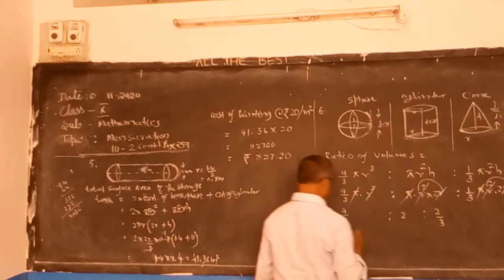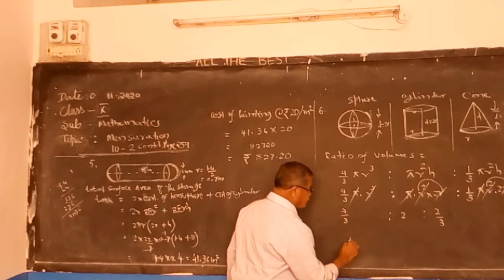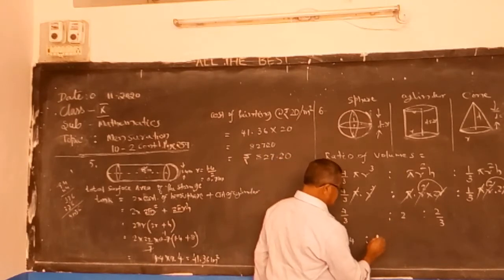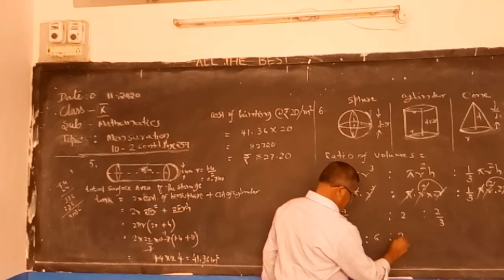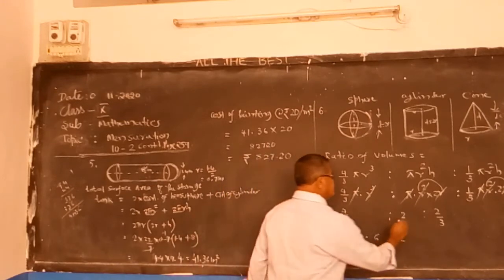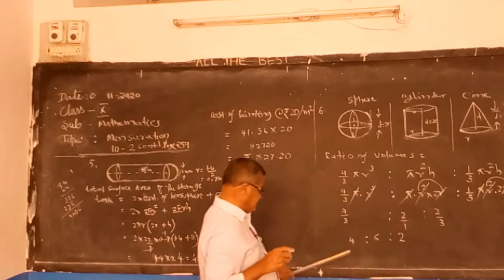By simplification, taking LCM, this is 4 is to 3 twos are 6 is to 2. The denominator is 3, and here nothing means 1. LCM 3, 3 twos are 6.